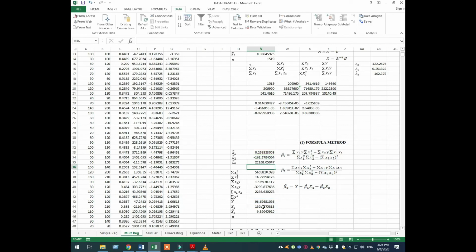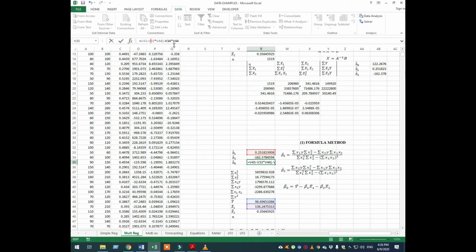We have again made some mistake. We will see what kind of mistake we have made. That should be y bar minus, okay, I've not used parentheses.